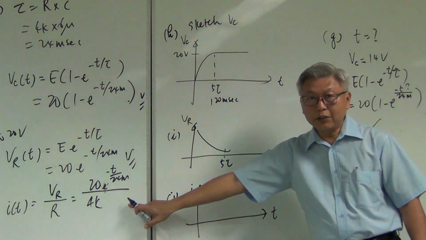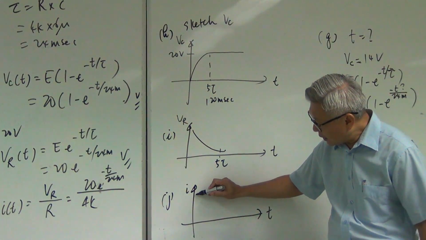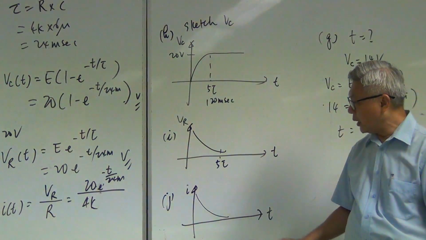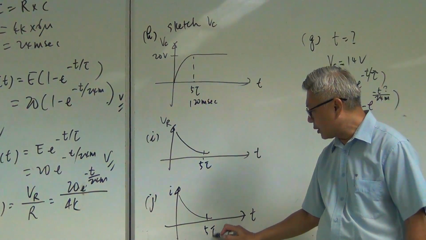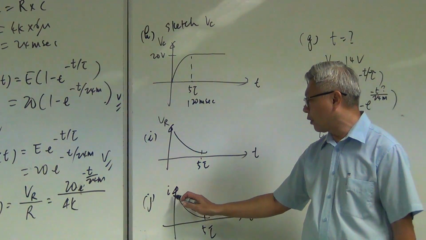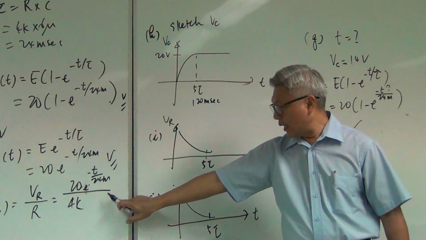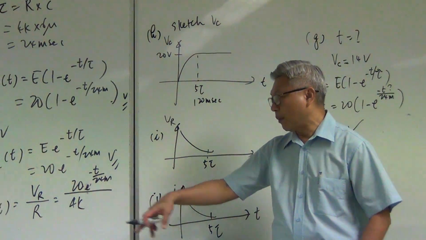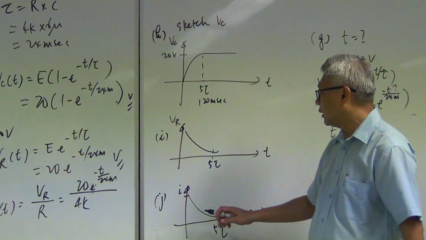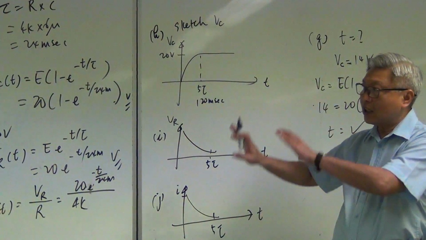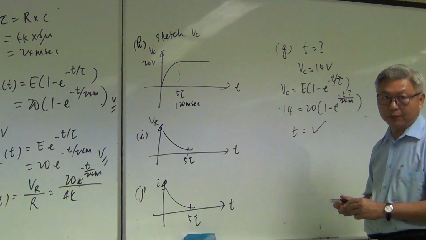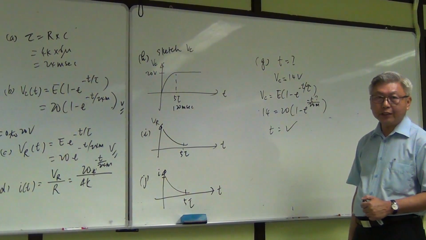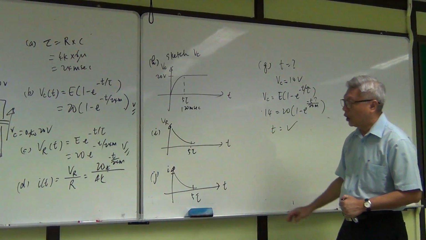Current again is a decreasing function. Again, here is 5 time constants. The maximum value will be the value that we calculated just now, 20 divided by 4K. So that is the gist of what a charging circuit is all about. You get the story?